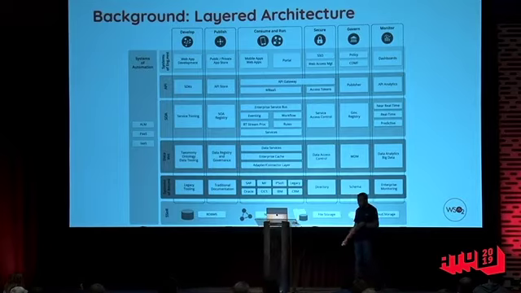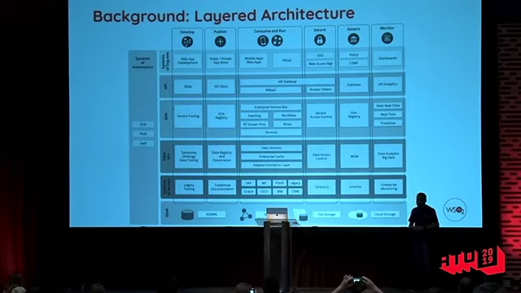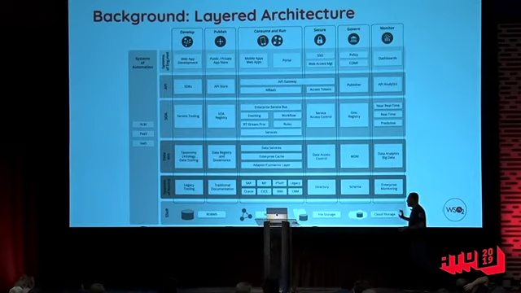So this is the layered architecture diagram I actually came up with in 2012. If you are familiar with the layered architecture, usually it's a one-dimensional thing, but we did something a little different by bringing in another dimension with the quality of services and the application lifecycle stages.